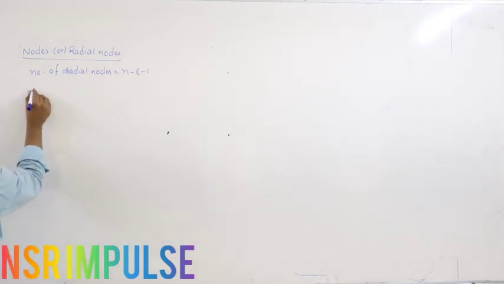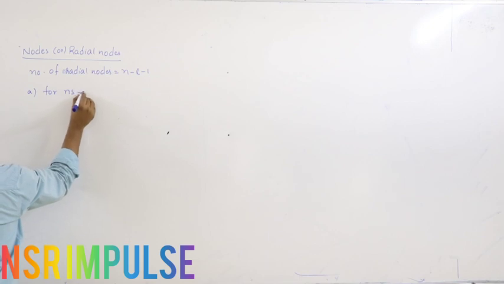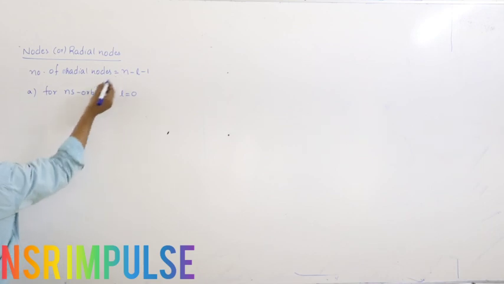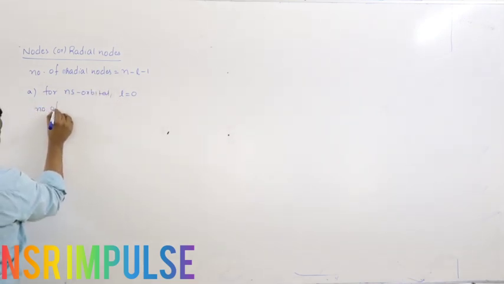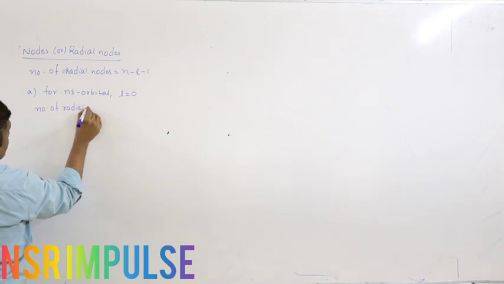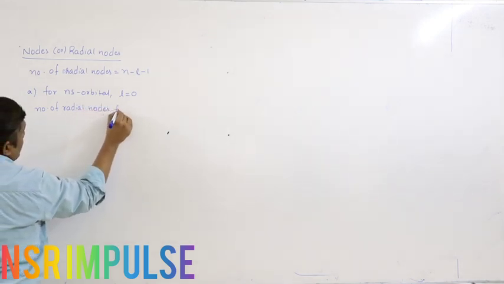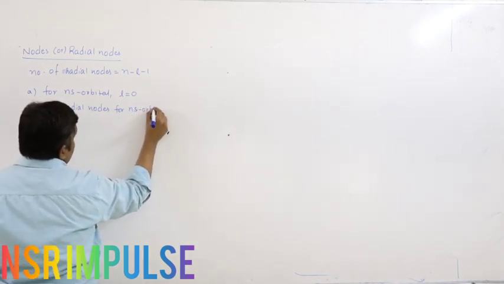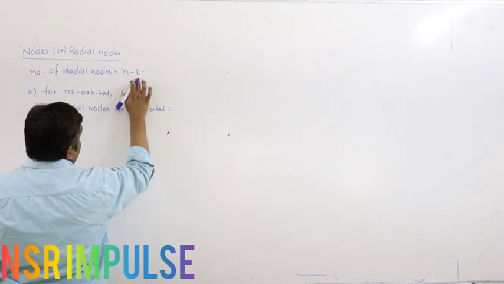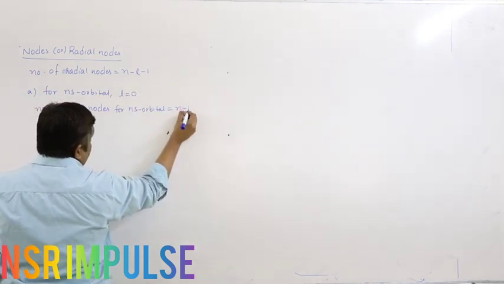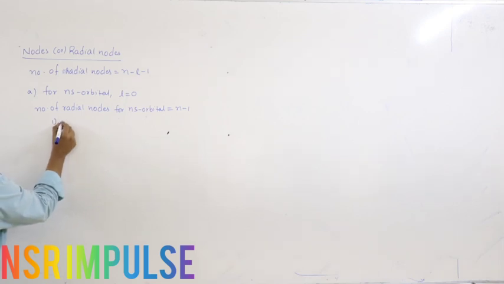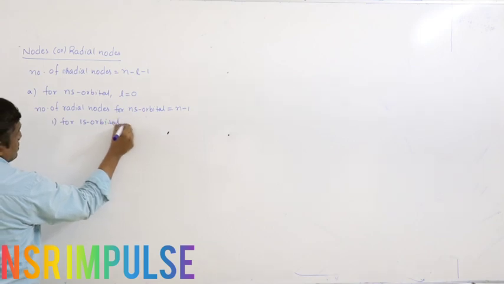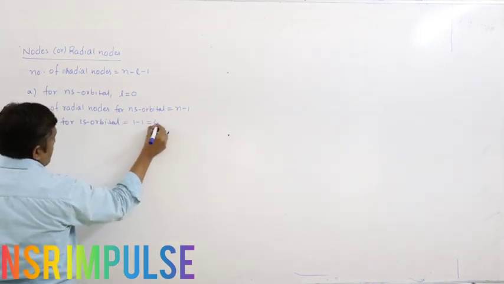So let us apply for the ns orbital. For any ns orbital, l equals 0. So substituting here, the number of radial nodes for ns orbital is n minus 0 minus 1, you will get n minus 1. So if I apply for the 1s orbital, substitute 1 minus 1 is 0.